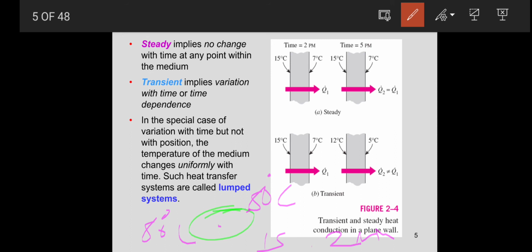If it is the same, then it is only varying according to time. If after 1 or 2 minutes its temperature goes on decreasing, then we consider it a lump system. That means temperature is changing according to time, not with position, and it is considered a lump system.